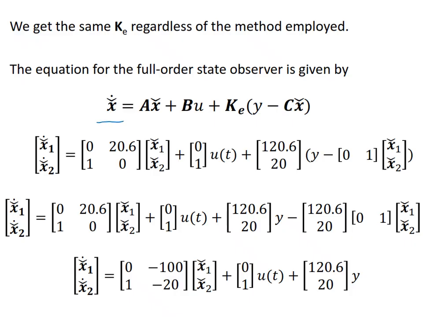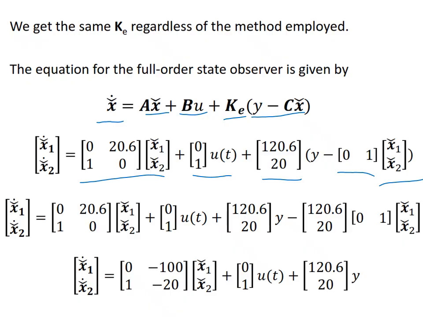X hat dot equals A x hat plus B U plus Ke times (Y minus C x hat). We substitute A times x hat 1, x hat 2, B as 0, 1 times U, and Ke as 120.6, 20 times Y minus C, which is 0, 1, times x1 hat, x2 hat.